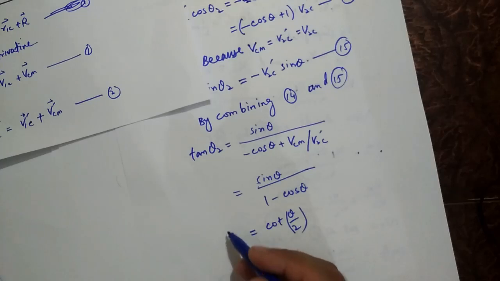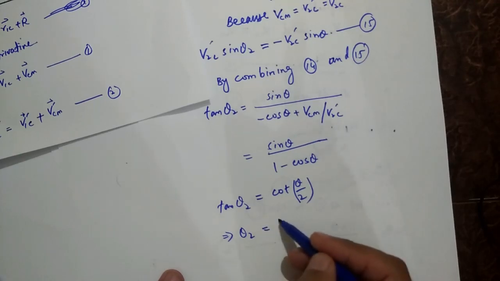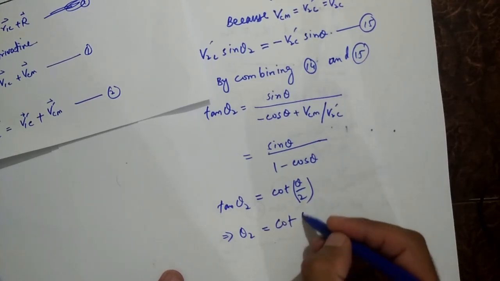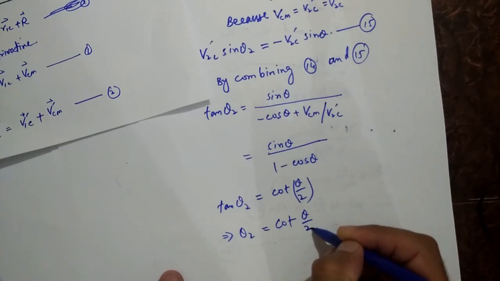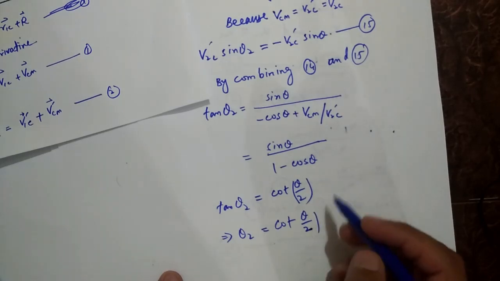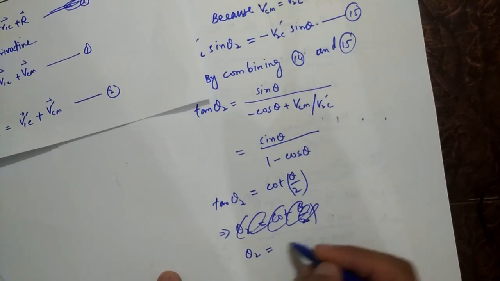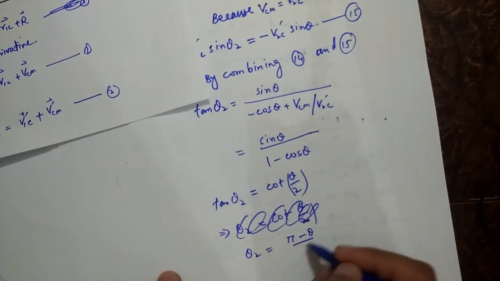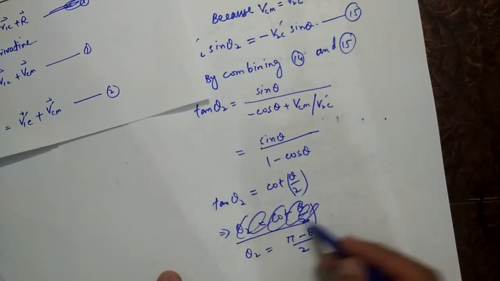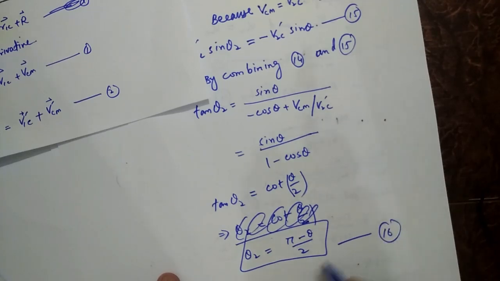This implies that this is tangent theta 2, and sorry, this one theta 2 will be equal to phi minus theta upon 2, which is the last result. Equation number 16. Thank you very much.